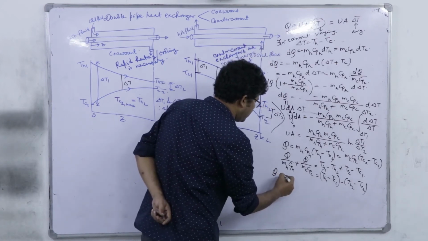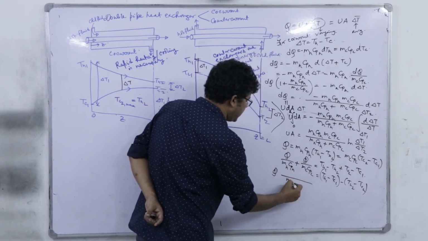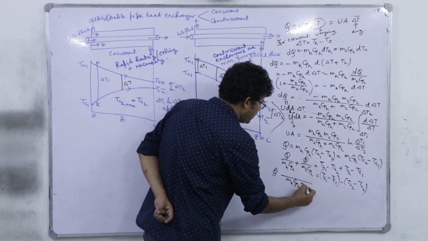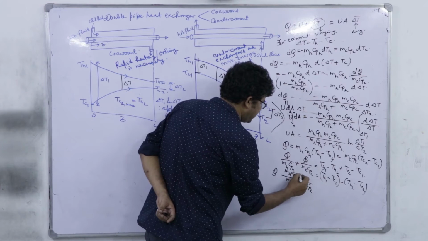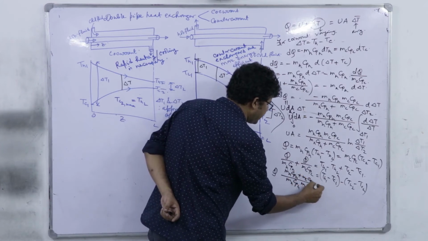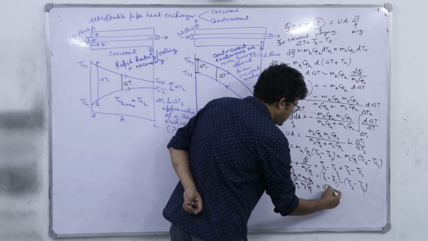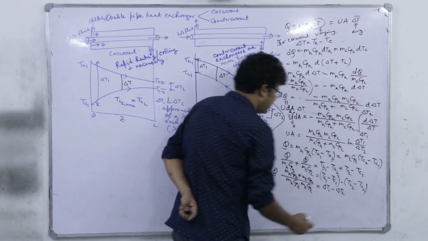So q, then mhCph, mcCpc, then mhCph plus mcCpc, it's equal to delta t1 minus delta t2.